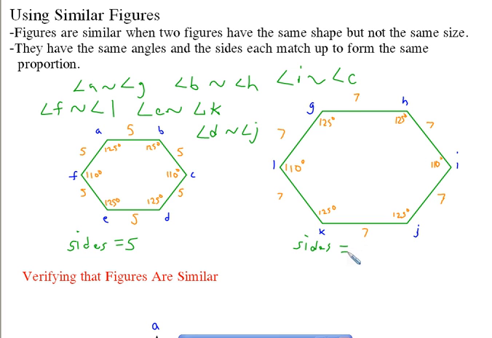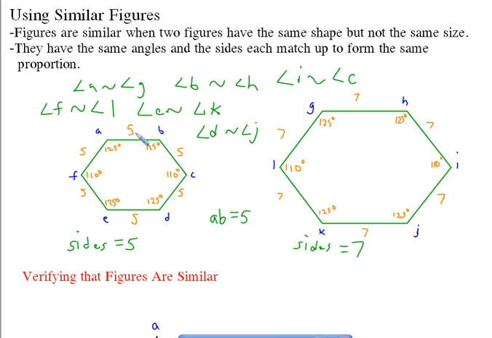Now, these two are similar figures. If I wanted to do it the real way that you're supposed to do it, I would indicate this, and I'll show you that in the next problem, by saying AB is equal to 5.